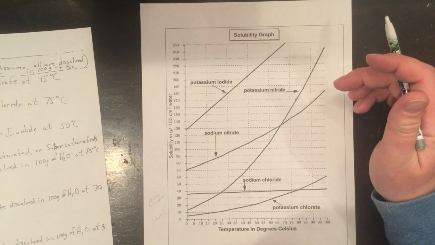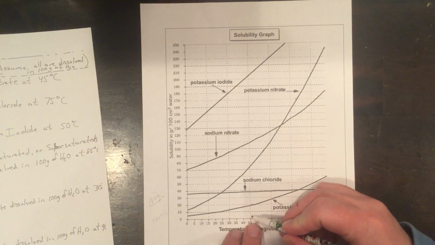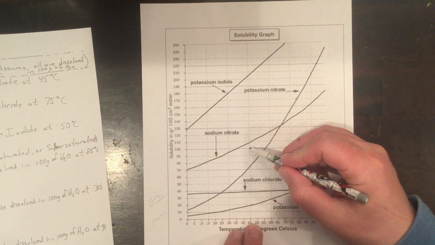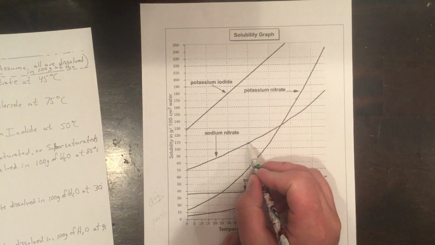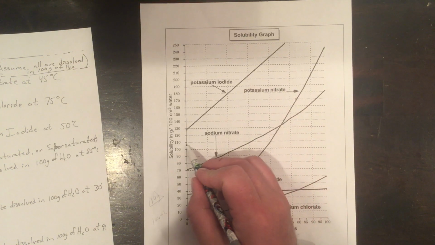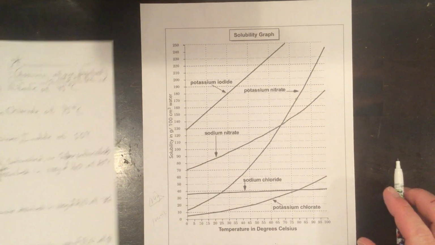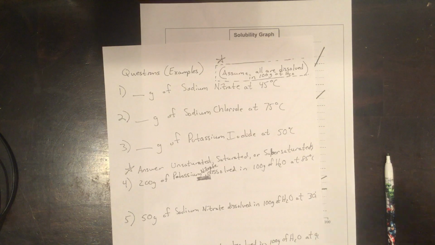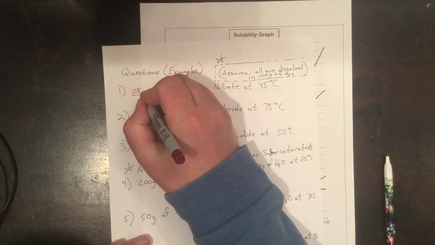So 45 degrees Celsius here, we're going to go up to sodium nitrate. Did I go past it? Nope, it's right here. If I take this over, that's about 108, 109 grams. So the first one we could fill in, I'm going to call it 108 grams.